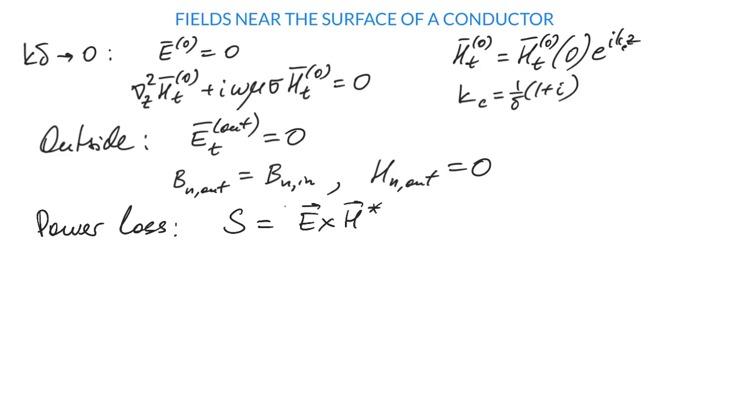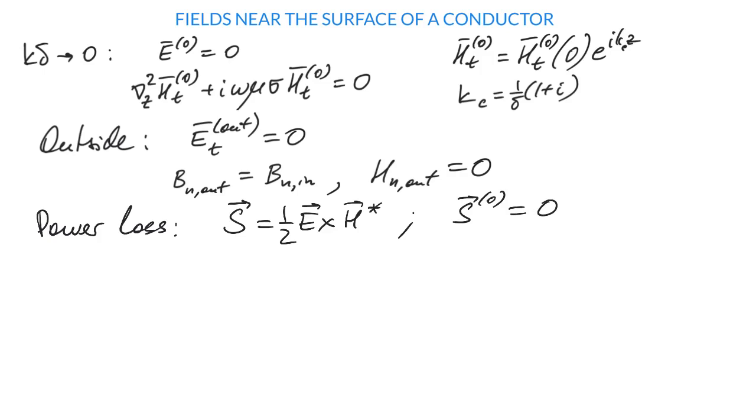Well, there's also 1/2 and real part is assumed, but if the electric field is 0, then the Poynting vector is 0, and no power, no energy flow crosses the surface of the metal. So in other words, in the 0th approximation, S⁰ is just 0. There is no power loss.